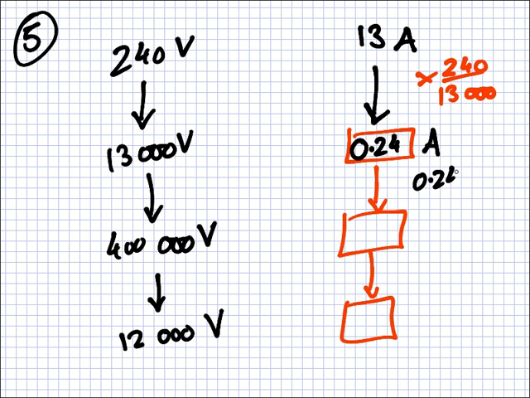And then the same thing happens again here. It's 0.24 times 13,000 over 400,000, which is the same thing as just 13 over 400. So what do you get for the next stage? Smaller again.